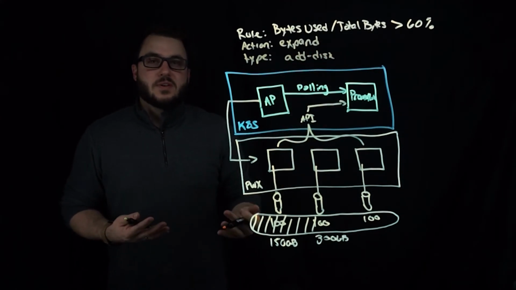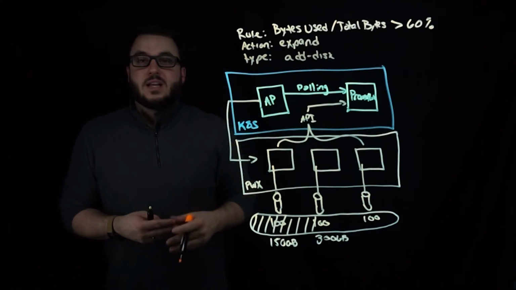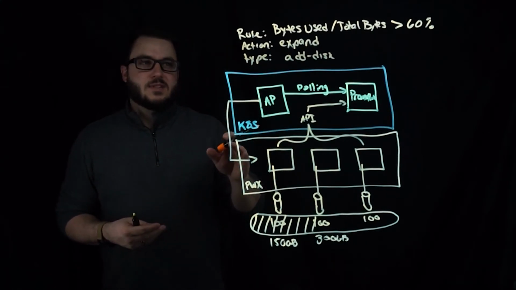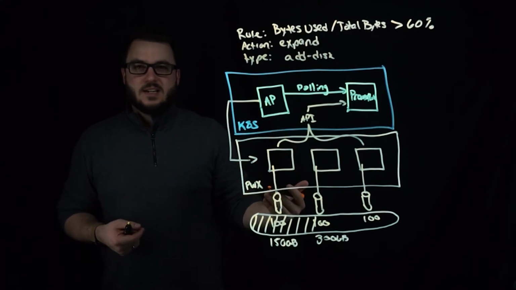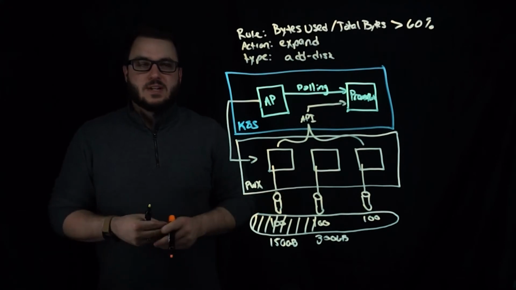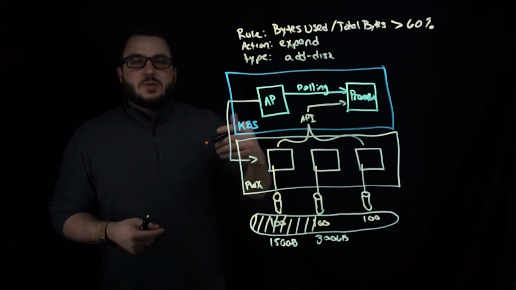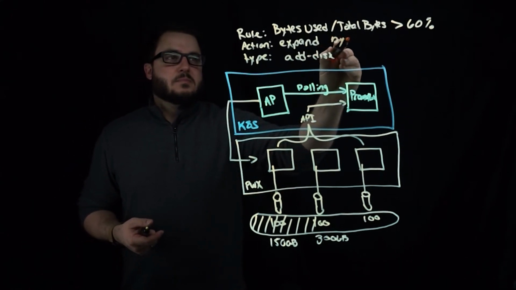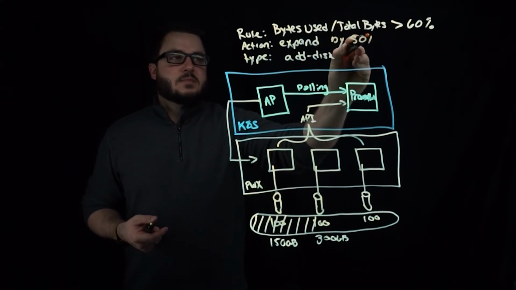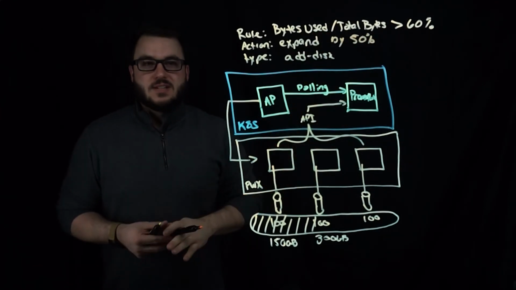You can also provide this type of rule with an upper limit, meaning expand my cluster every time it reaches 60% capacity, which might only happen a few times, but do it by a certain percentage. So we can say expand by 50%, meaning increase my total capacity by 50% once I've reached 60.